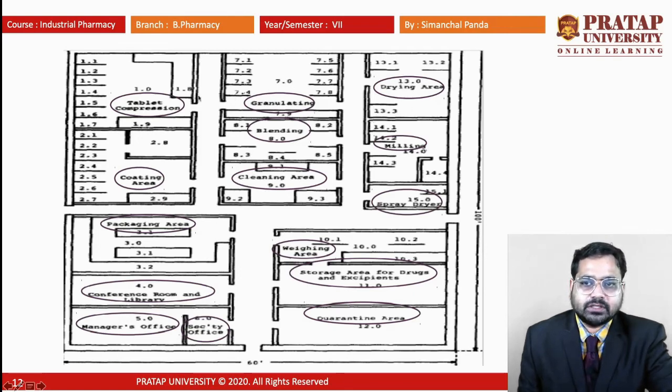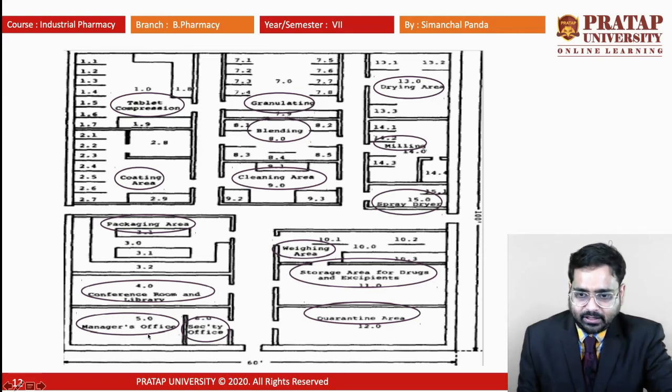After granulation there will be tablet compression. Once the tablet is compressed, if required we go for coating. So it is a systematic procedure and systematic design where there is no chance of contamination. After coating we go for packaging. We can see the weighing area is present, we can go for storing, and we can keep in quarantine the substance which is to be exported out or anything that is rejected.